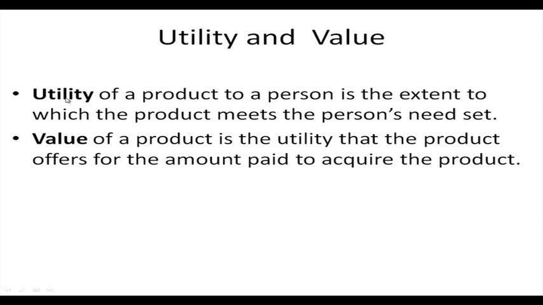Whereas value is the utility that the product offers for the amount paid to acquire the product. So, sometimes we say that value is equal to utility divided by price. So, to get the same utility, if you pay more price, then your value is less.